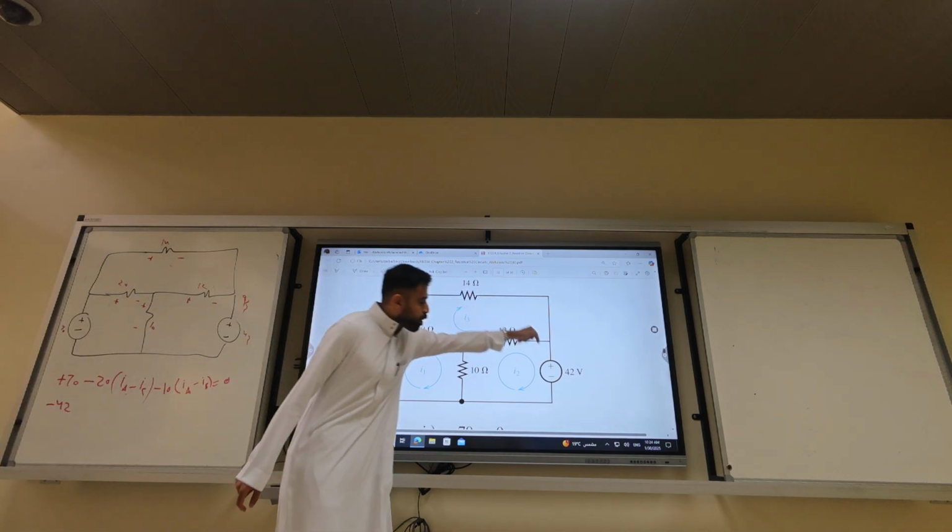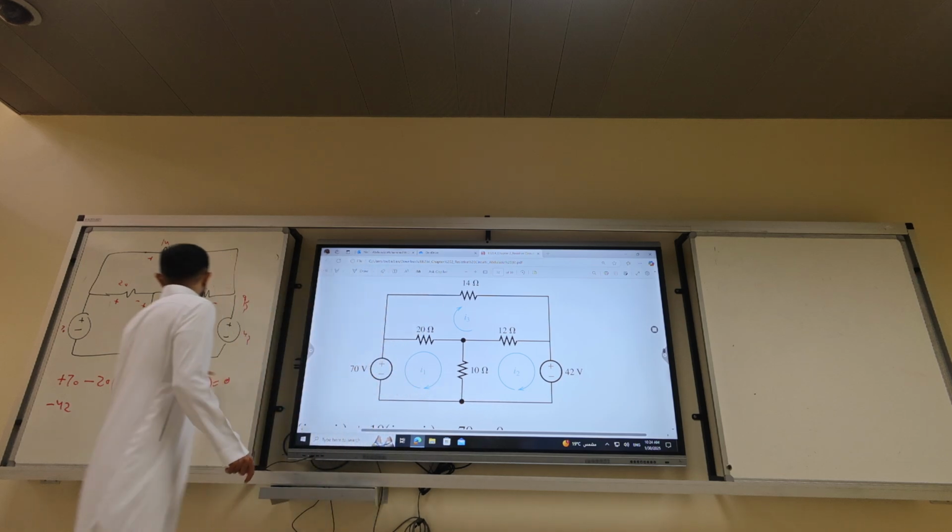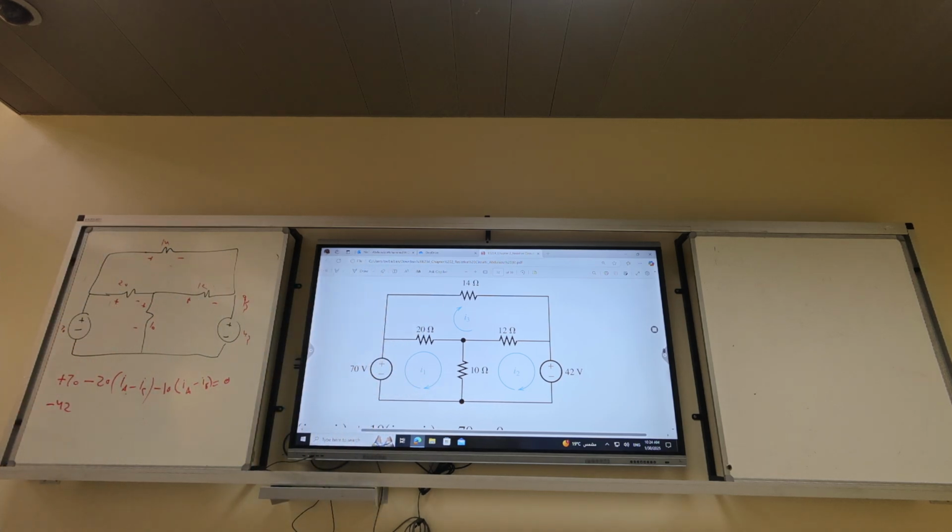Then here, voltage rise or voltage drop? Voltage rise. Plus, what's the resistance? 10. What's the current that goes here? Reference downward. IA minus IB.